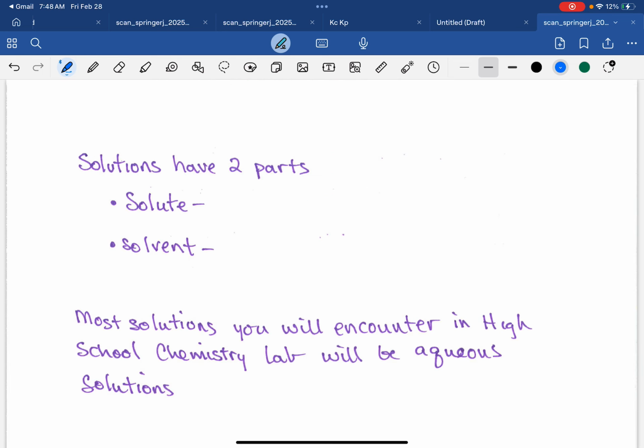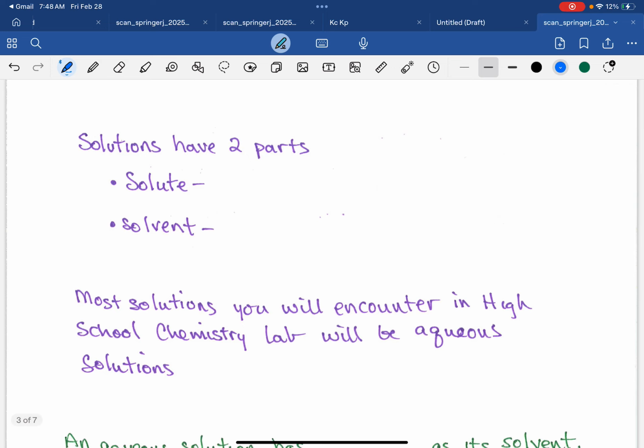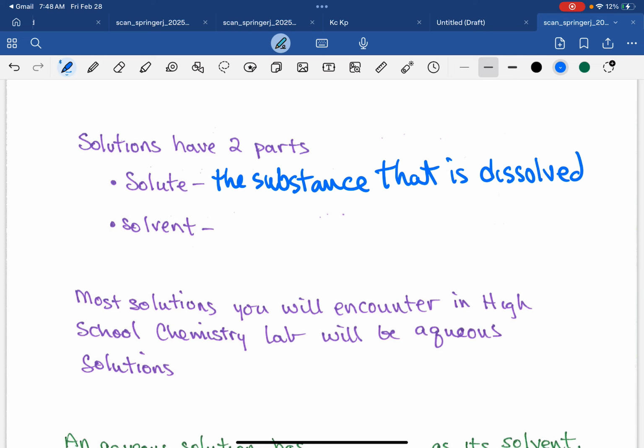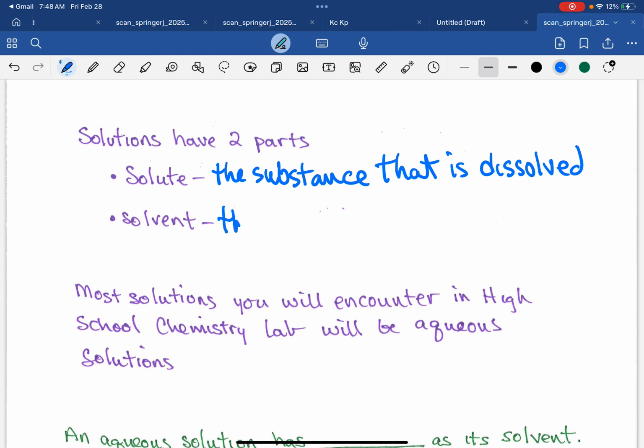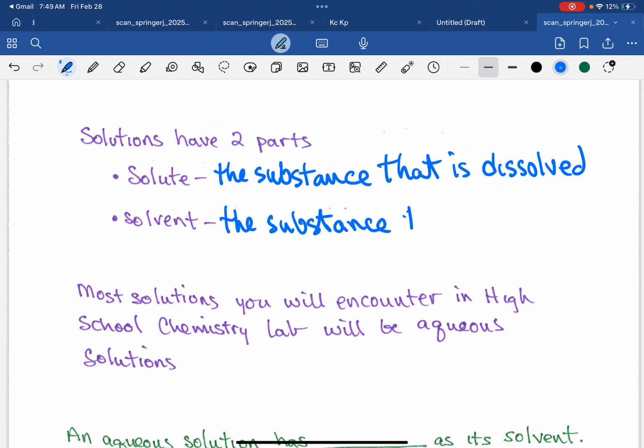So there are two parts to a solution. Solute, which is the substance that gets dissolved. And the solvent is the substance that does the dissolving.